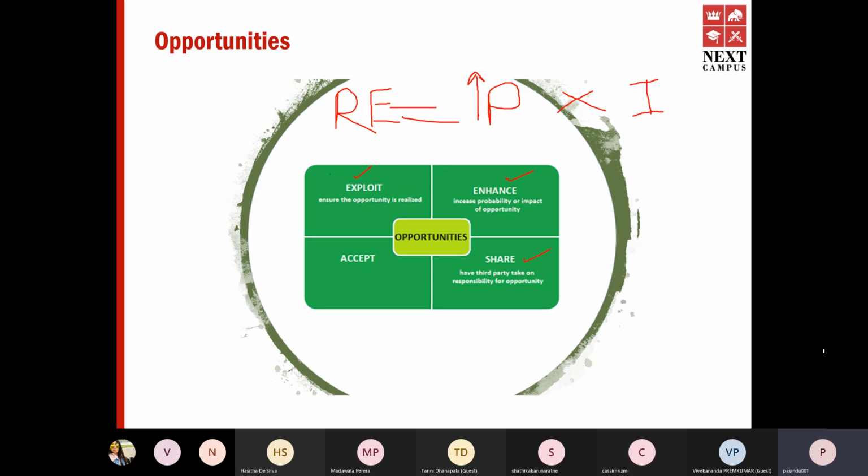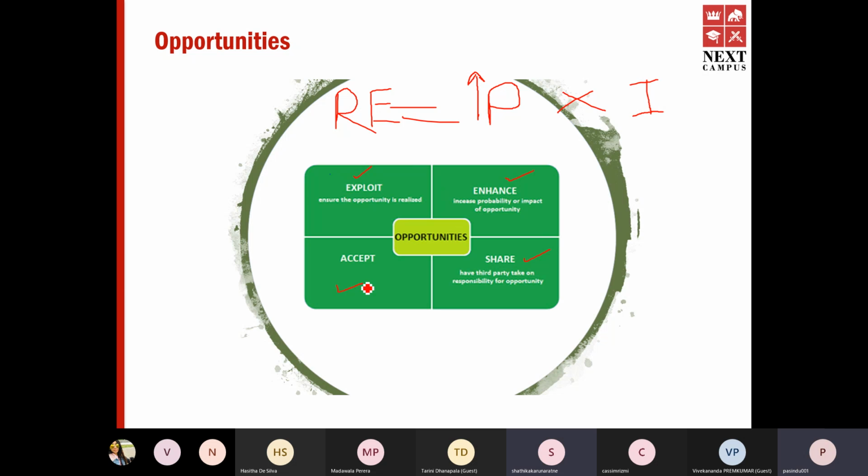So joint ventures are a good example of opportunity sharing, right? And then the fourth strategy is accepting. You don't do anything, you would accept it. If it comes, it comes. If it does not, it does not. Simple as that. Any questions on these four risk response strategies with regard to opportunities?